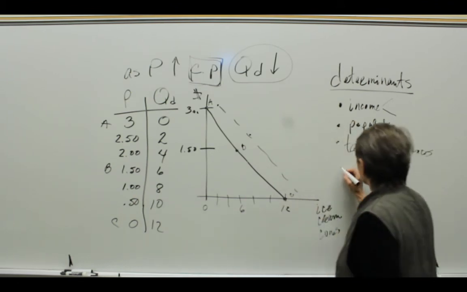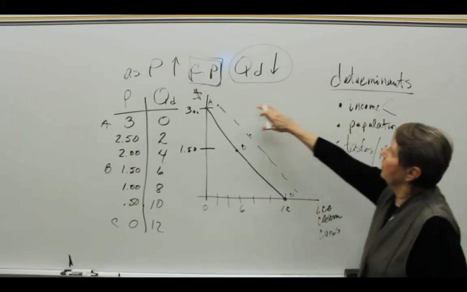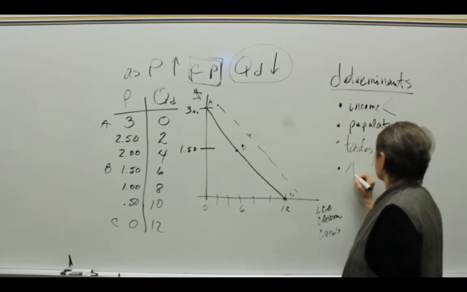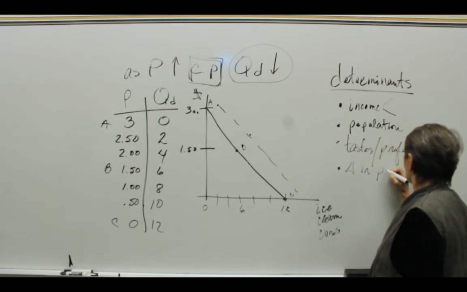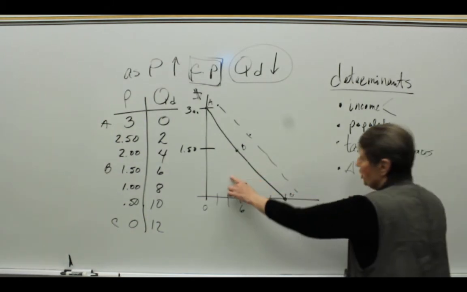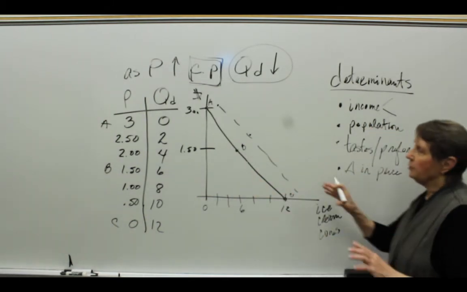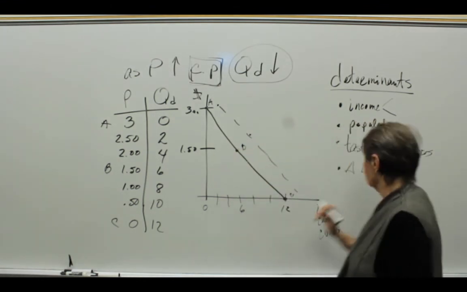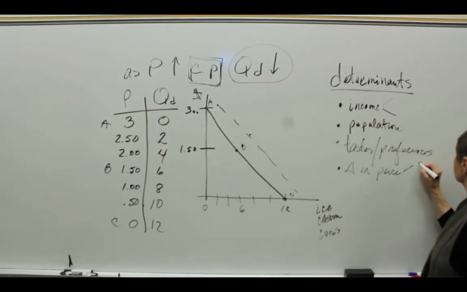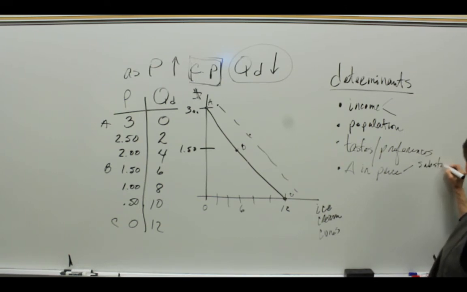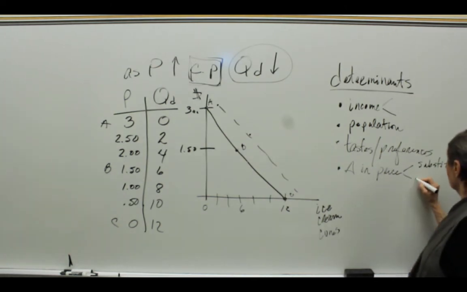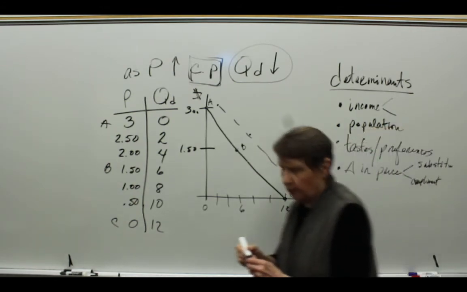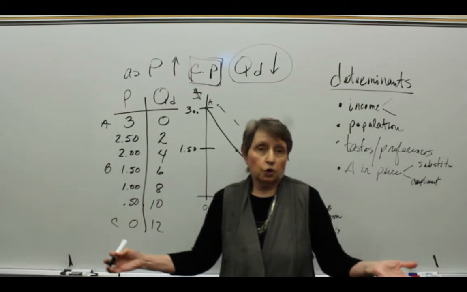A last element of these ceteris paribus variables would be if there is a change in the price, not a change in the price of ice cream cones, but a change in the price of a good that's related to ice cream cones. Related either as a substitute or a complement. Now, for ice cream cones, we can think of a substitute as yogurt.